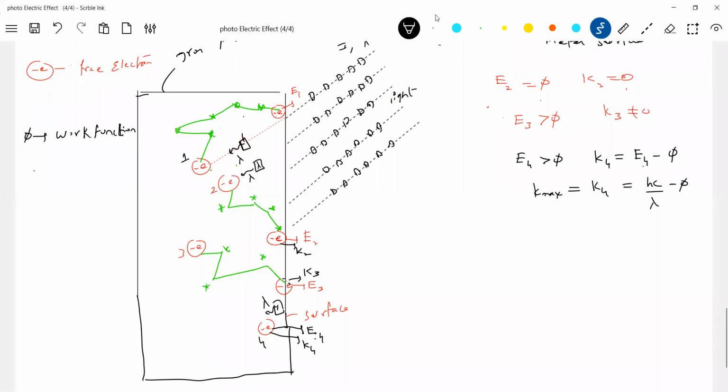The photoelectrons are ejected here. Now, what is the kinetic energy of the photoelectrons? The kinetic energy of photoelectrons ranges from 0 to K max. Will I agree?